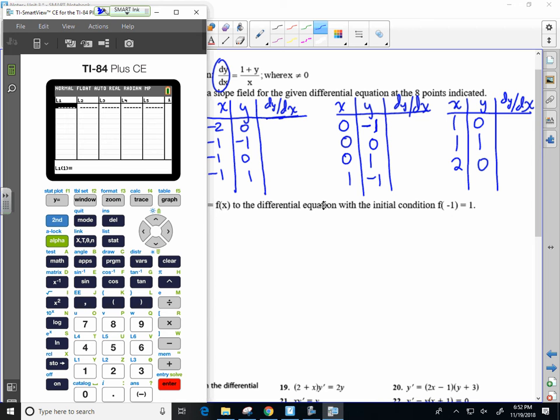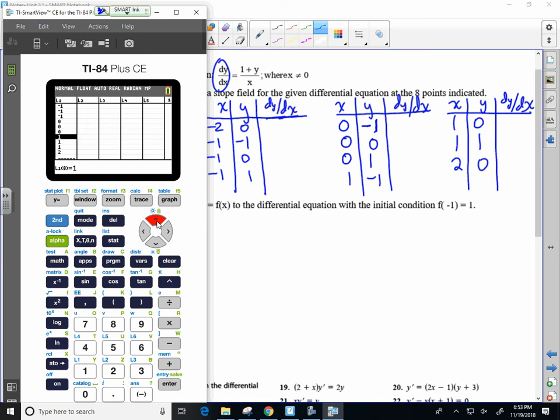But basically, I'm just going to type in every x value I have in the order that I have it. So I'll type in a -2, then a -1, 3 times, then 0 3 times, and a 1 3 times, and then a 2.